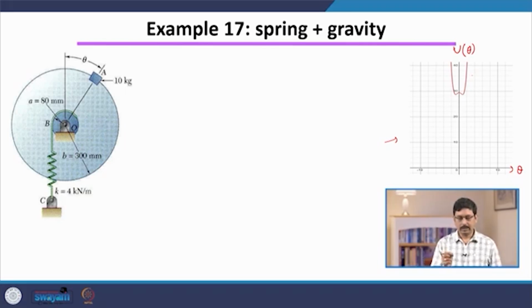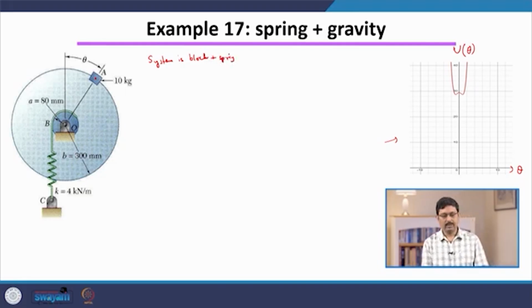For that, what are the potential energies, what are the forces? Instead of force, if you think in terms of energy, let us say our system is the block plus the spring.